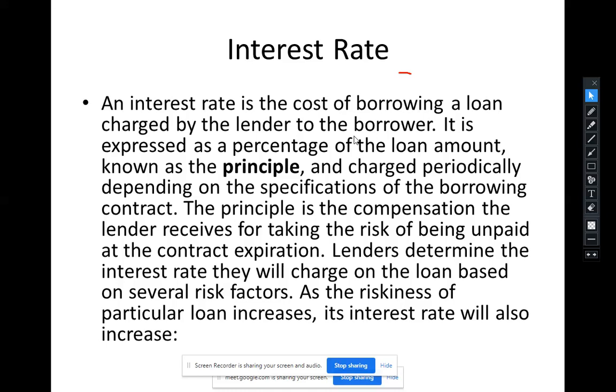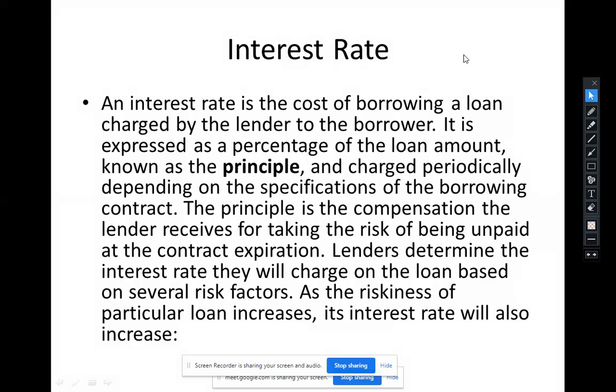You borrow a loan from the lender, so what happens? The lender will now require from you the interest rate, that is the interest. It is expressed as a percentage.